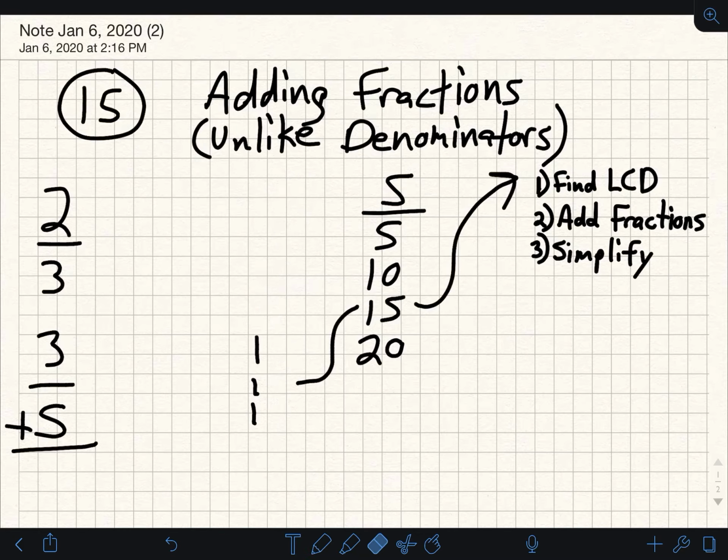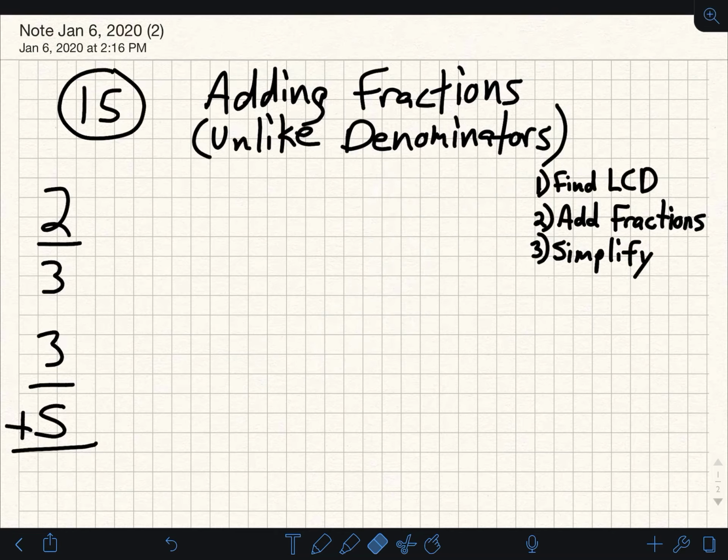So let's erase this stuff. I ask myself, what do I have to do to 3 to make it 15? And what do I have to do to 5 to make it 15? So 3 times 5 is going to be 15. So I have to do the same thing to the numerator in that fraction, because 2/3 times 5/5 is the same as 2/3 times 1.